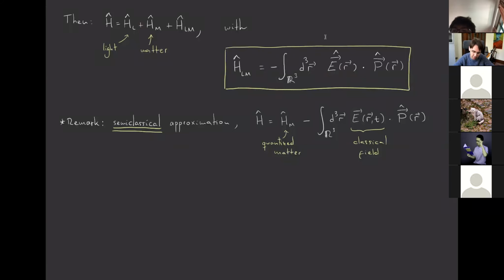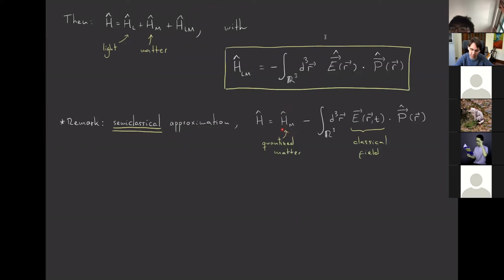And we also saw that we can define an even simpler level of approximation, which is what we call the semi-classical approximation. In quantum optics, whenever someone says semi-classical, usually what we refer to is the situation in which we have quantized matter, but we don't quantize the electromagnetic field.